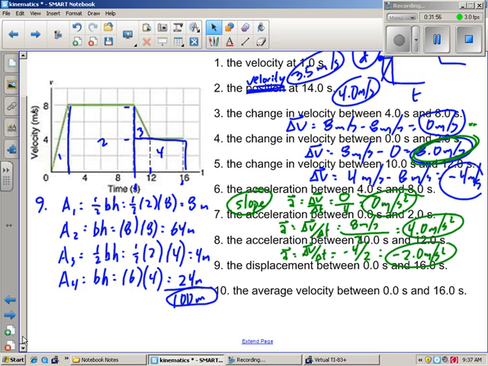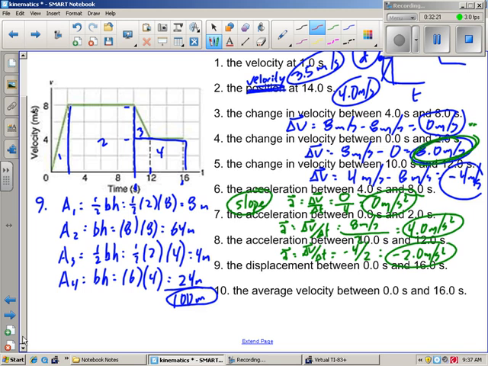All right, question 10, the last one. The average velocity between 0 and 16 seconds. Any suggestion on that one? Average velocity. No, Vf minus Vi would be the change in velocity, right? What do we always do to find average velocity?